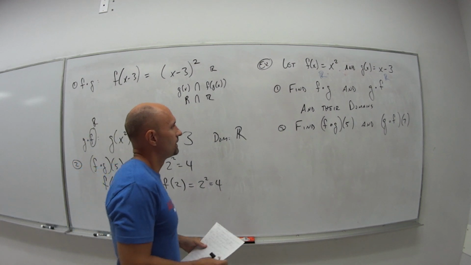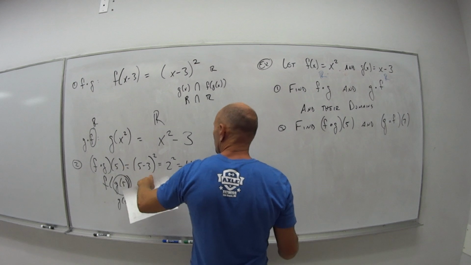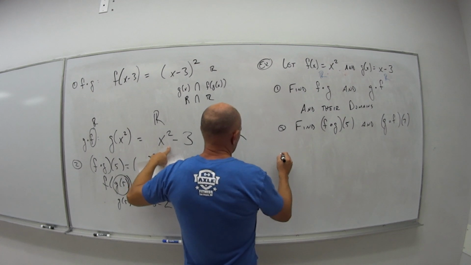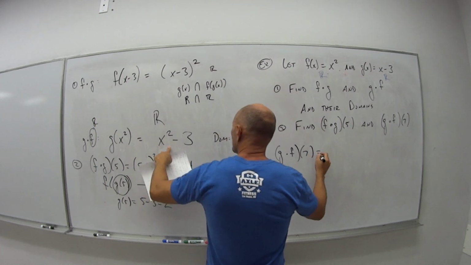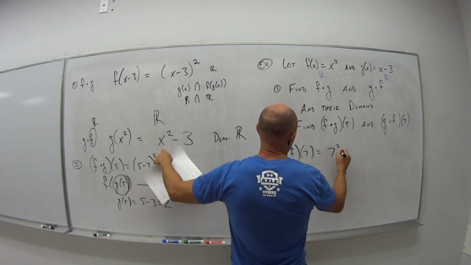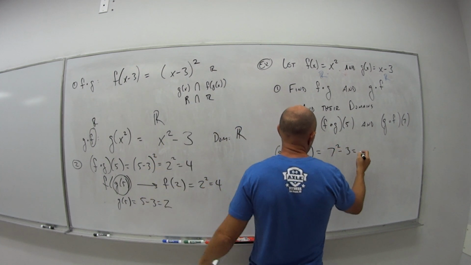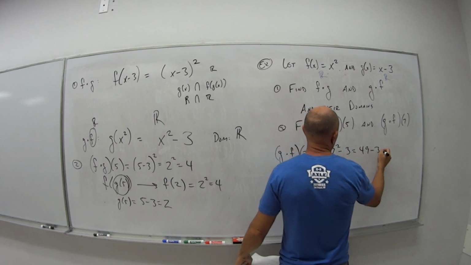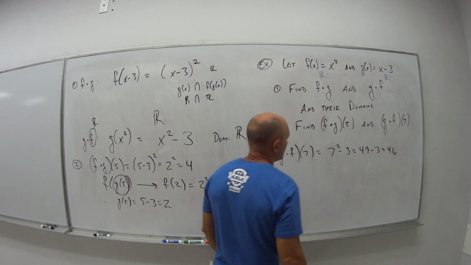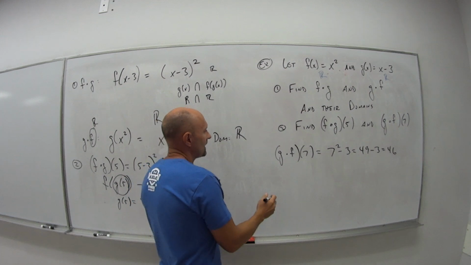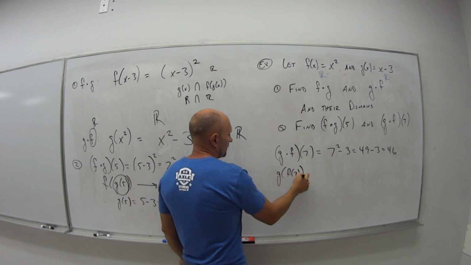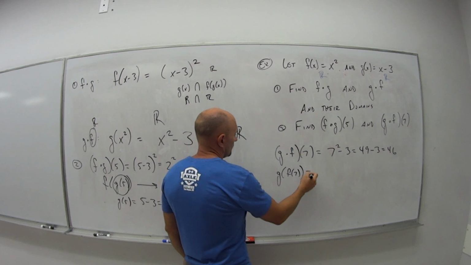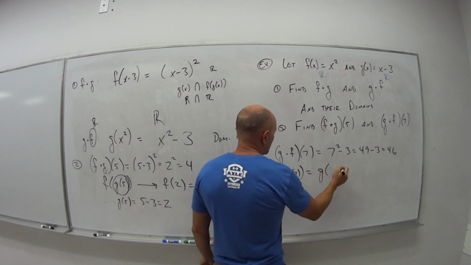Welcome back. So if we use our simplified version, we had what? g of f of 7 would be 7 squared minus 3, which is 49 minus 3 is 46. But what if instead I figured it as g of (f of 7)? Well, this would be g of what value?